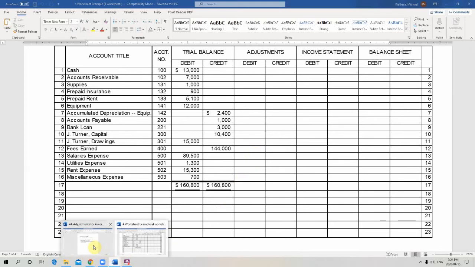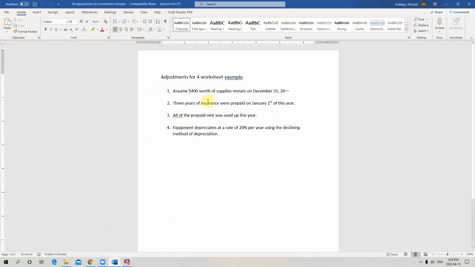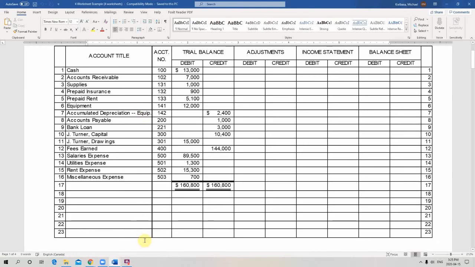Now the second adjustment is that 3 years of insurance were prepaid on the first. So let's go to our worksheet. So this represents insurance, yes, 3 years were prepaid.